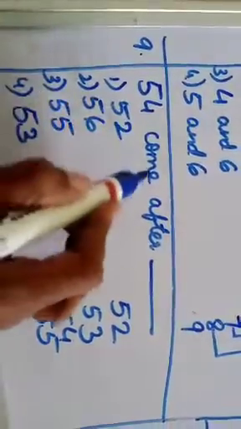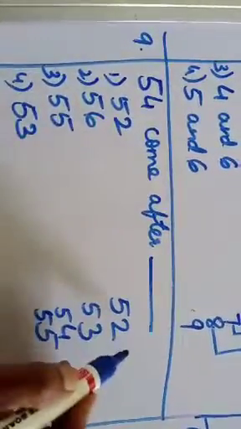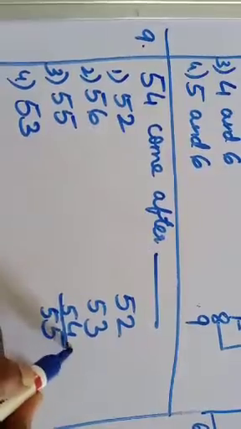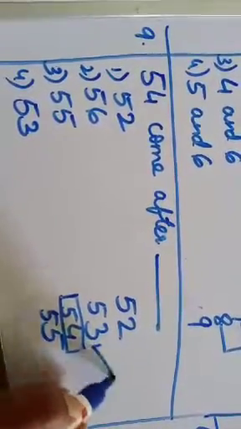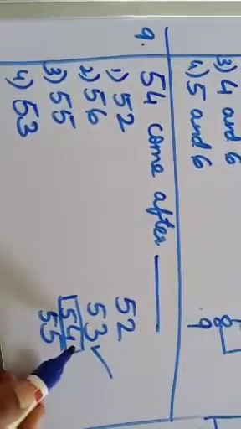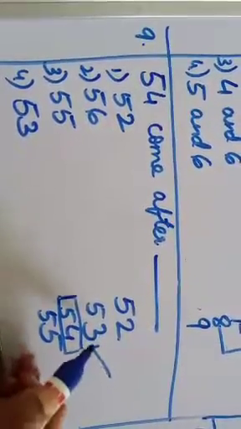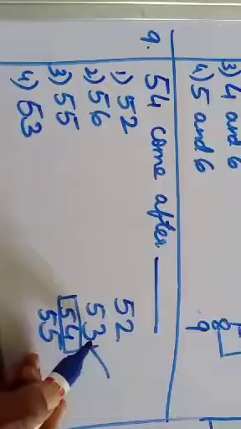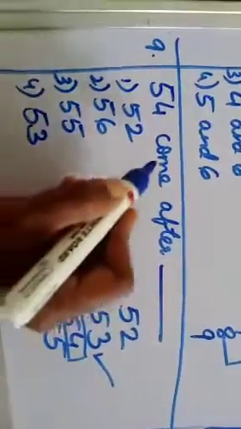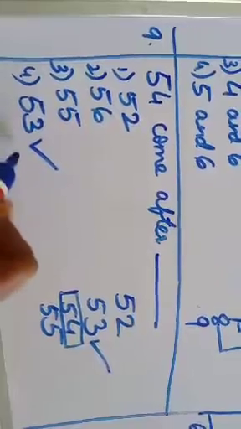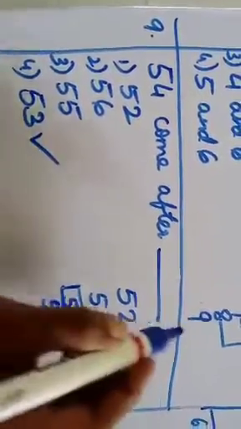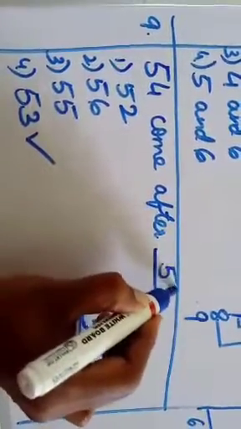So 54 comes after dash. So 54 comes after which number, children? After 53, 54 comes. That means the correct answer is 53. So here the option is number 4, that is 53. Tick mark the correct answer and write in the blank.